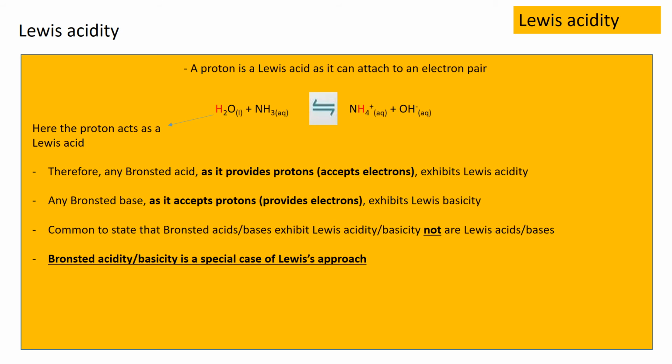It's able to attach to an electron pair. It accepts an electron pair, in this case from ammonia. So any Bronsted acid then, because it provides protons and it accepts electrons, we can say exhibits Lewis acidity, and the same is true for any Bronsted base. Any Bronsted base exhibits Lewis basicity.